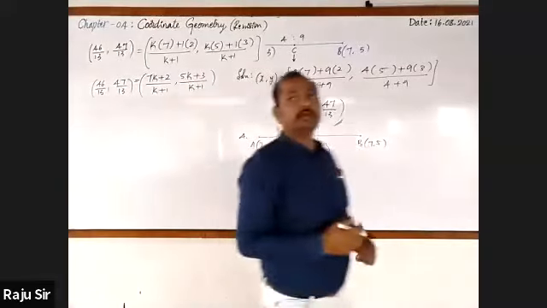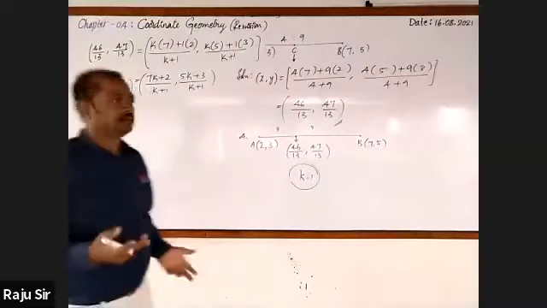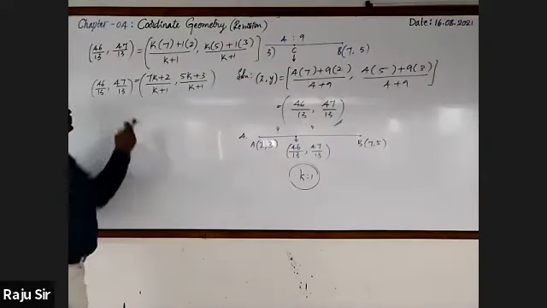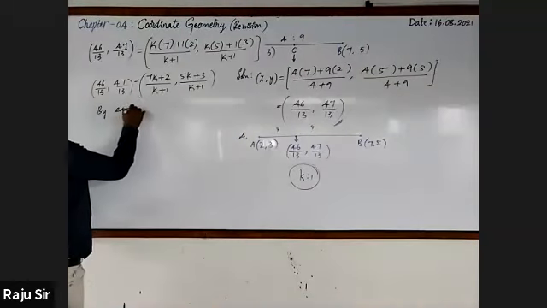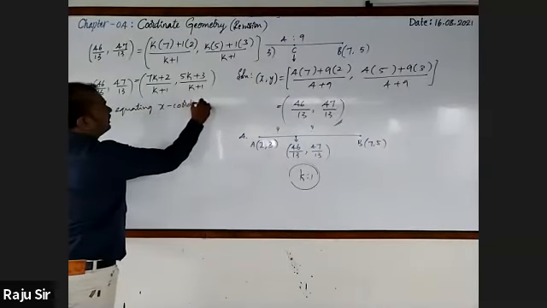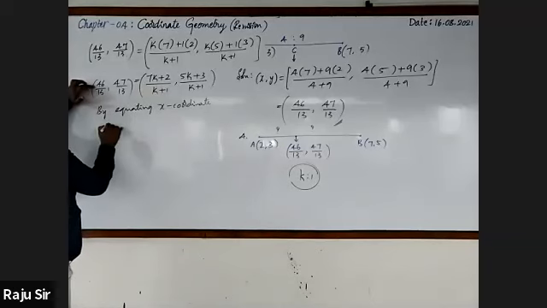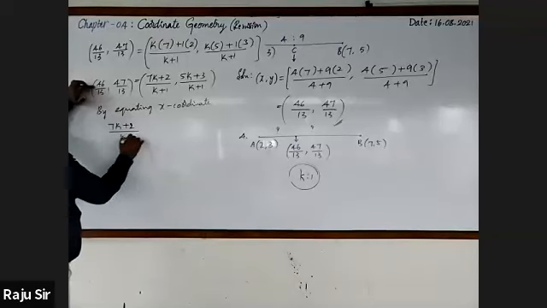Next, how do you find out the value of K? By equating either the x coordinate or the y coordinate. You are right. By equating the x coordinate. The x coordinate is (7K plus 2) by (K plus 1).